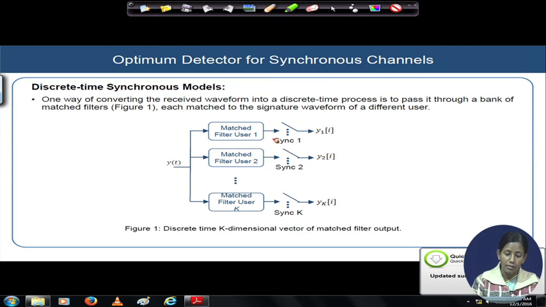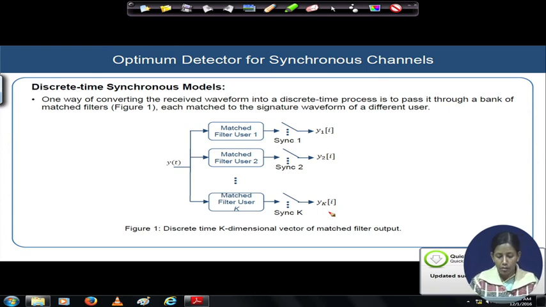As they use the same bandwidth and most probably the same data rate, their sampling rate will also be the same, and at the output of this bank of matched filters you get the values y1 to yK.